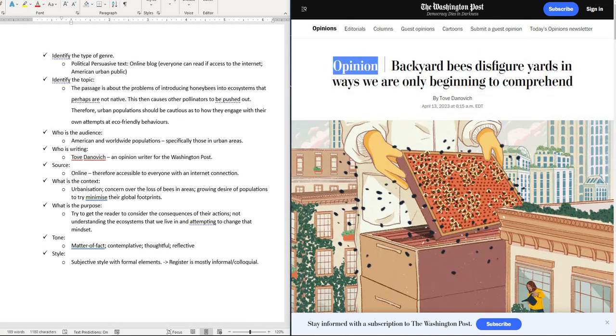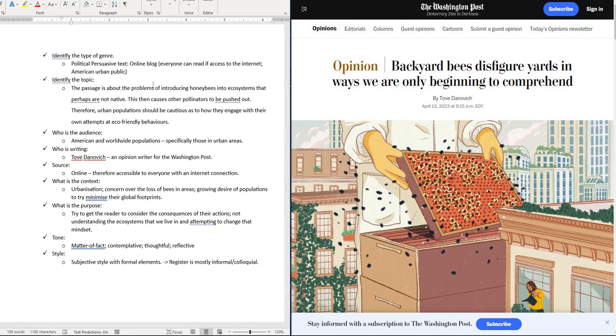It's from the Washington Post, which is an American newspaper organization that has editorials, it has news articles, it has opinion pieces. Okay, lots of people read it. It generally has kind of thoughtful political content, and one of the reasons why it's important to consider where it comes from is to consider the audience. Okay, but we'll get there.